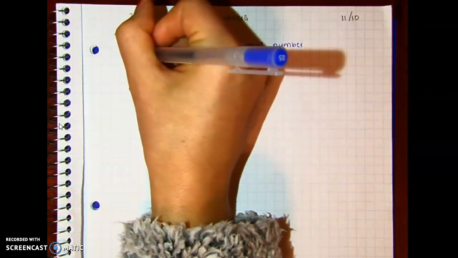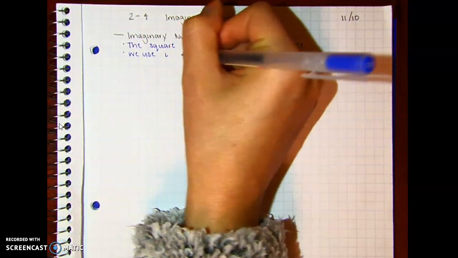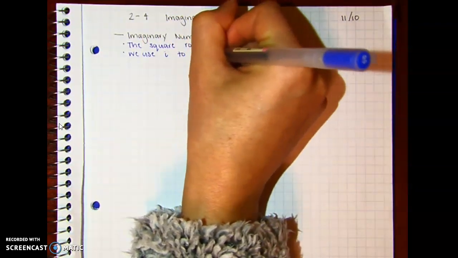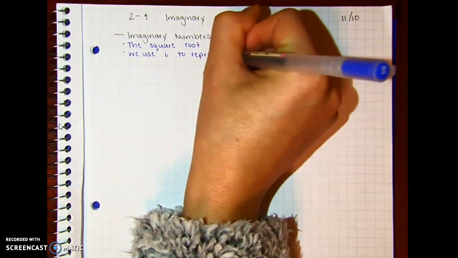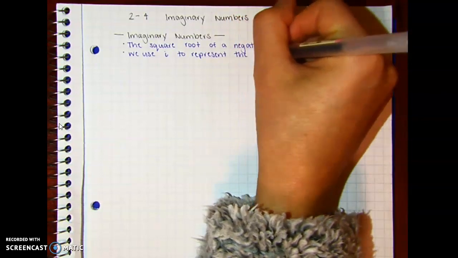So we use i, the lowercase i, to represent the root of a negative number.